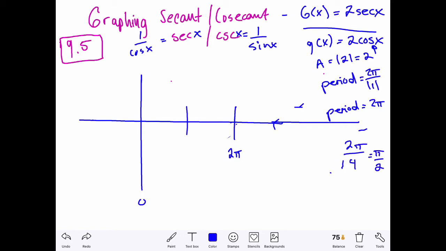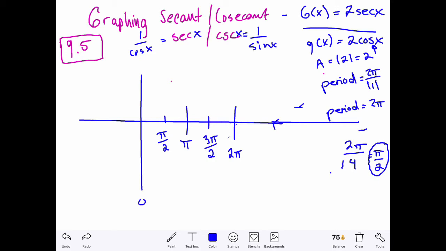So 0 plus pi halves is pi halves. Pi halves plus pi halves is pi. Pi plus pi halves is 3 pi halves. And 3 pi halves plus pi halves is 2 pi. Remember, we're adding the period length divided into 4 equal sections to wherever we start each time.